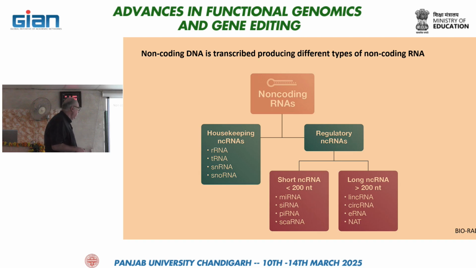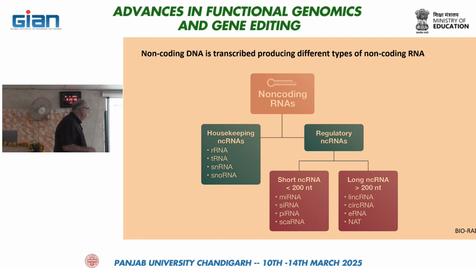And snoRNAs, small nucleolar RNAs, involved in processing of rRNA. So these two, snRNAs and snoRNAs, are involved in processing of other RNAs.